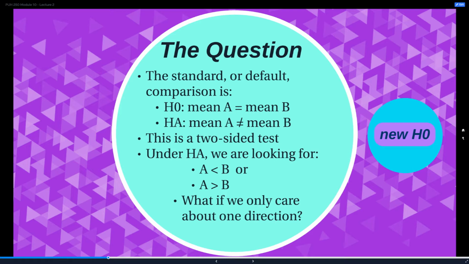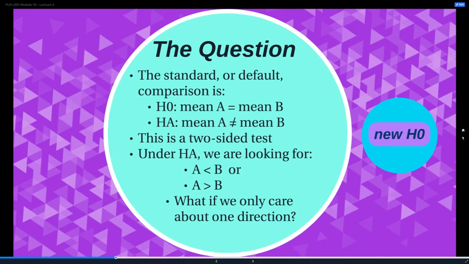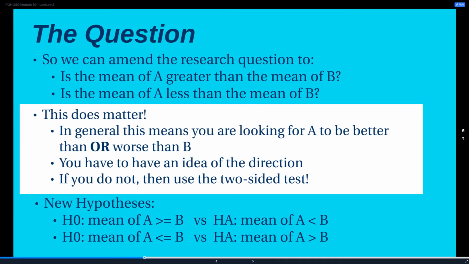But what if you only care about one direction? So let's look at the question this way. We can amend the research question to, is the mean of A greater than the mean of B, or is the mean of A less than the mean of B? So it's one of those. In a standard two-sided test, remember we were looking in either direction, less than or greater than.